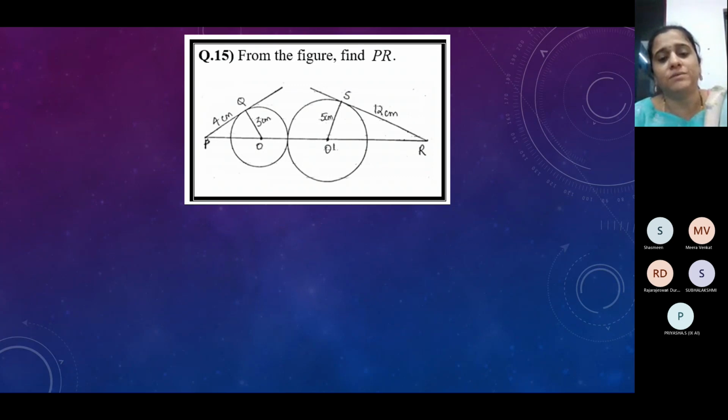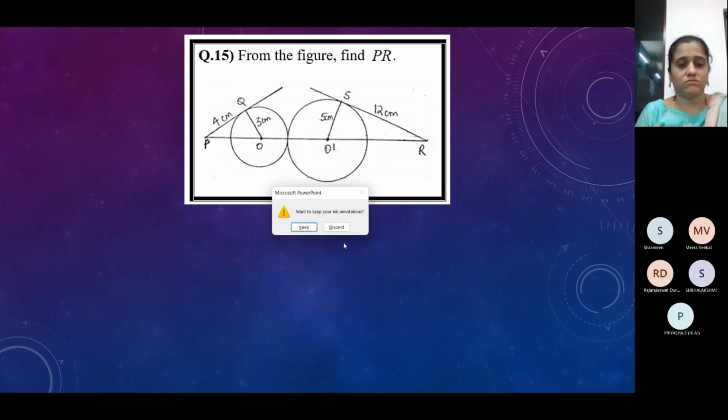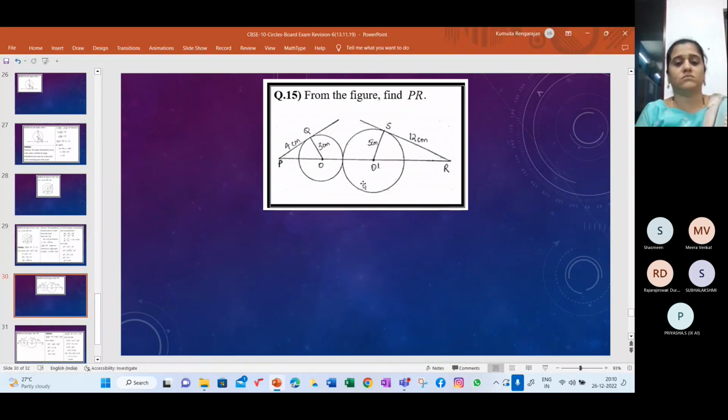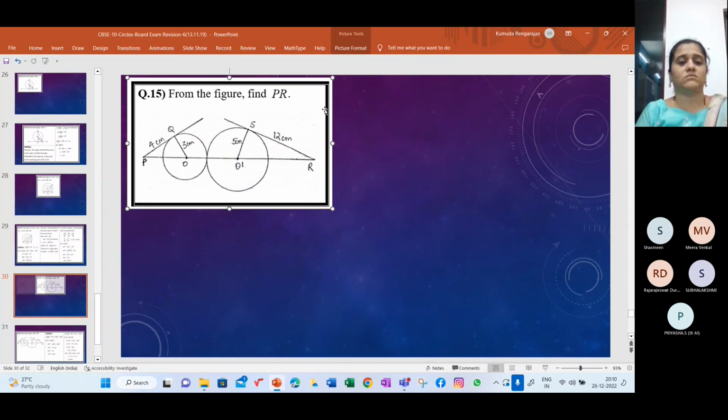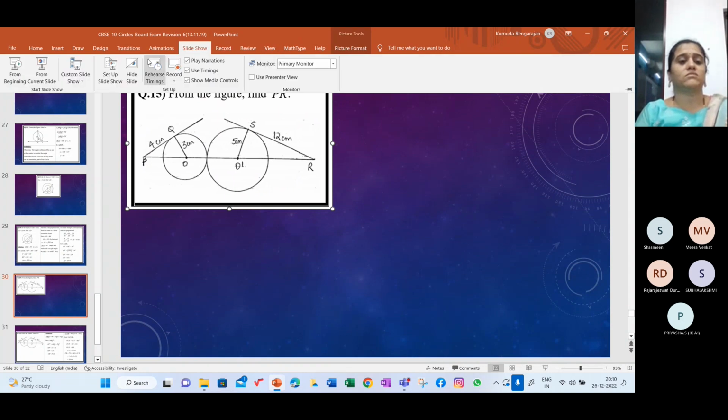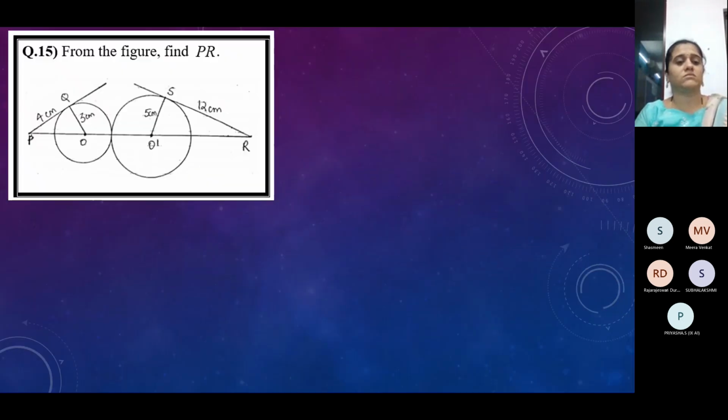Tell me the length of the line segment PR. From the figure, find PR.